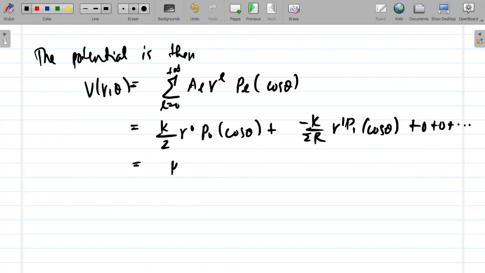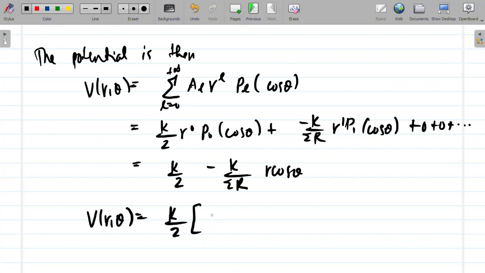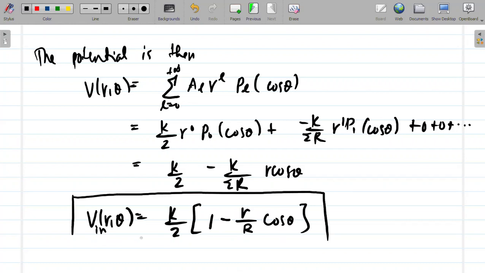So that is equal to k over 2 minus k over 2r, r cosine theta. So finally, we get V of R theta equals k over 2 (1 minus r over R cosine theta). That is inside. So, label ko na lang V in. That is inside the sphere. Okay, class. So, yun lang. Ang task lang dito, class, ay ang paghahanap ng unknown coefficients A sub L.